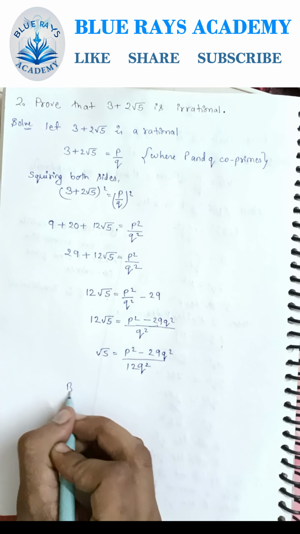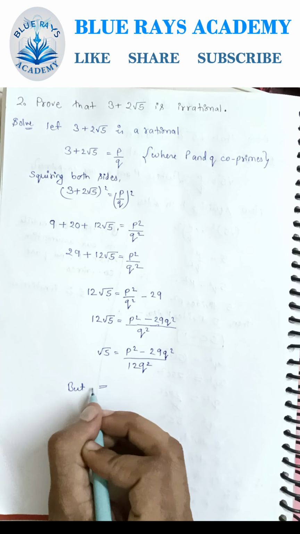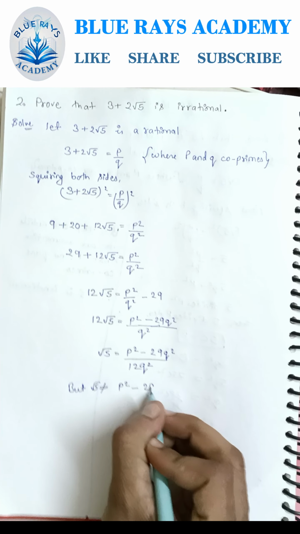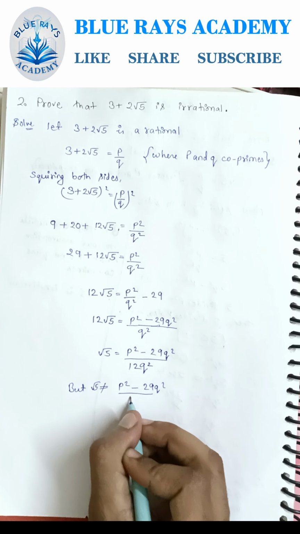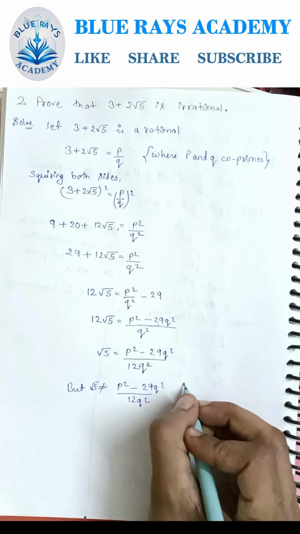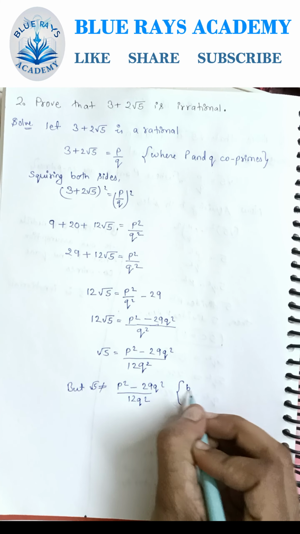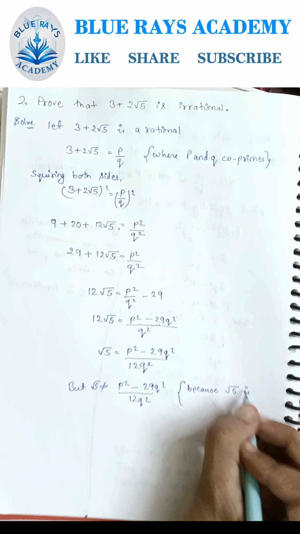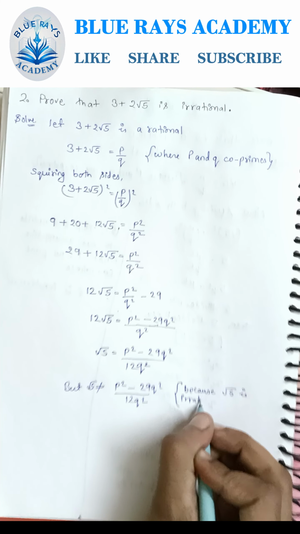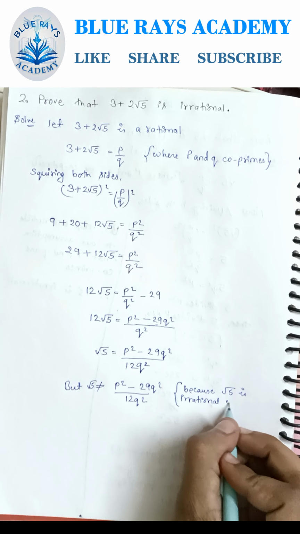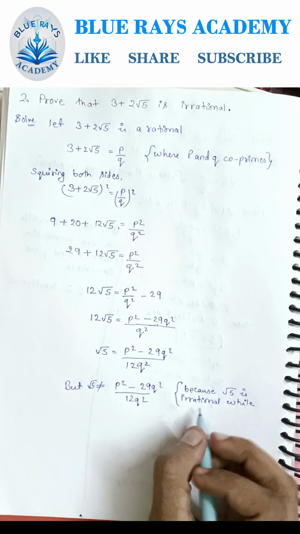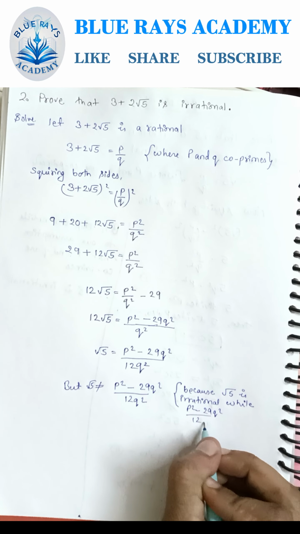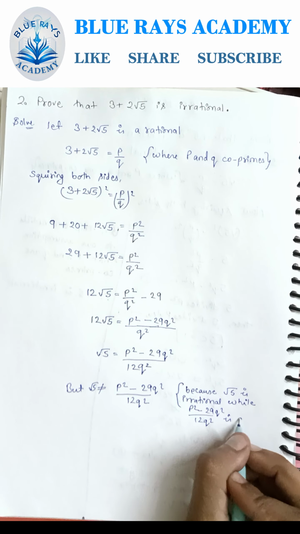But we know that root 5 is not equal to p square minus 29q square upon 12q square. Give the reason: because root 5 is irrational, while p square minus 29q square upon 12q square is rational.